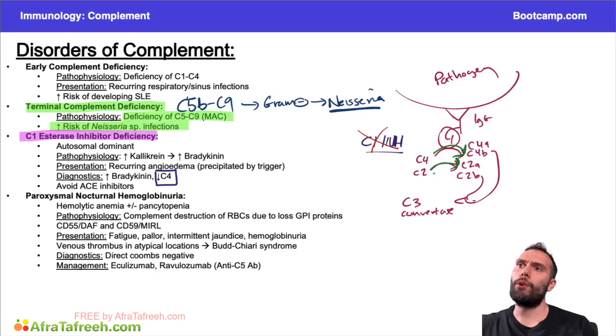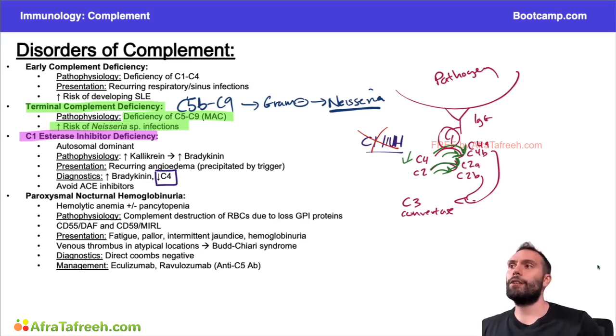So you're going to have more and more of this C4 and C2 getting converted to their subcomponents, C4a, C4b. So what's going to happen to your C4 levels in the blood? They're going to go down, right? Same thing with the C2 levels. So you might have very low C4 levels, and that's typically one of the tests that come up when they're asking questions about C1 esterase inhibitor deficiency in general.